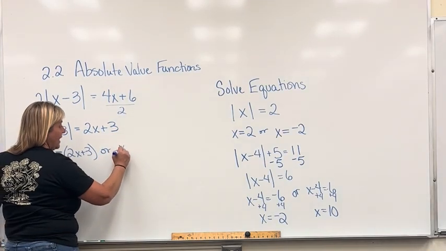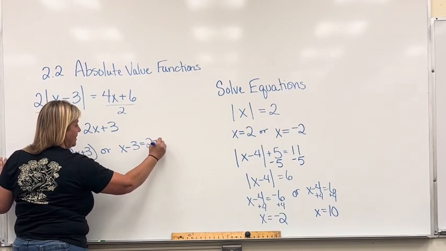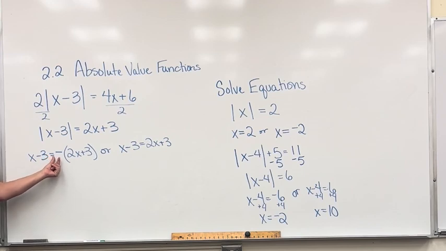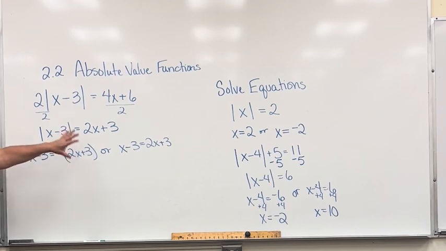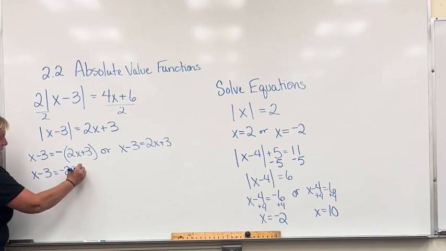Or we're going to have x minus 3 is just equal to whatever that side is. Now, do you see how in this one, it's important that we do the distribution there? So again, this negative side is not going to be the same as the opposite side. This one is going to be a bit on the bigger and uglier side. So we're going to go x minus 3 equals negative 2x minus 3.